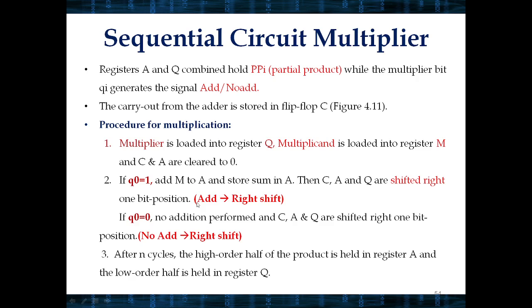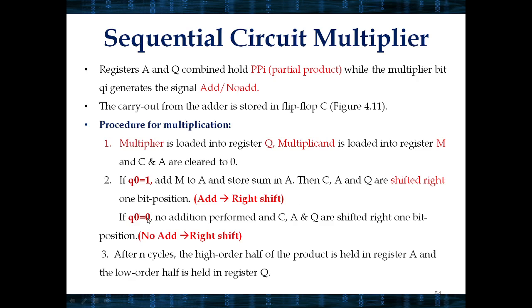Means first we need to perform the addition operation, store the result in register A, then shift the carry, register A and multiplier register Q. All these bits we need to shift right by 1 bit.